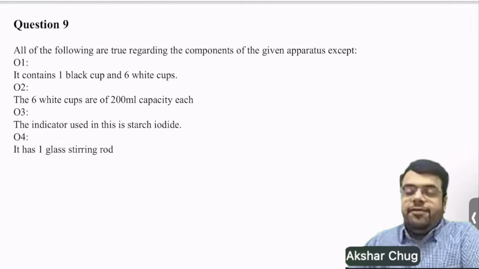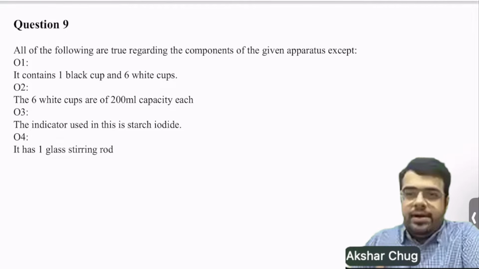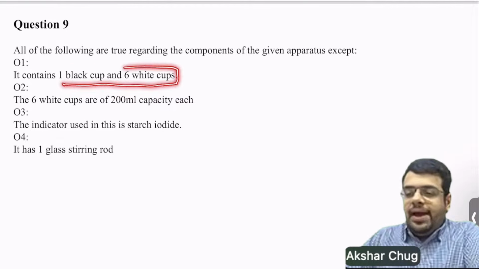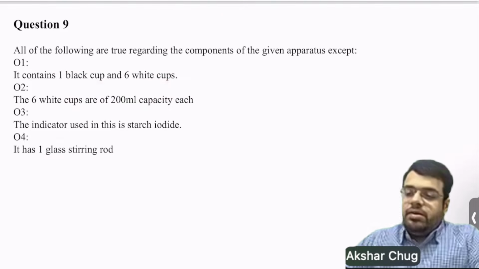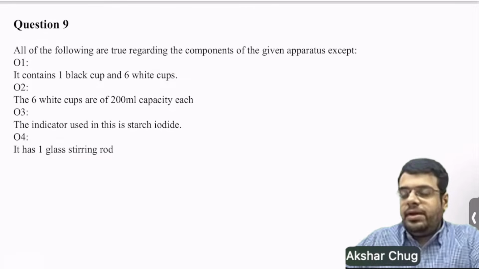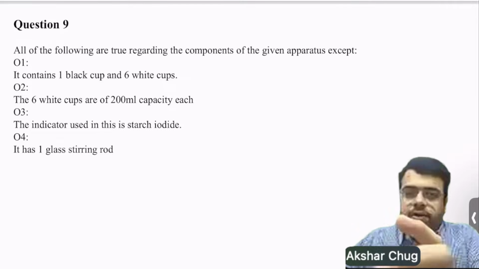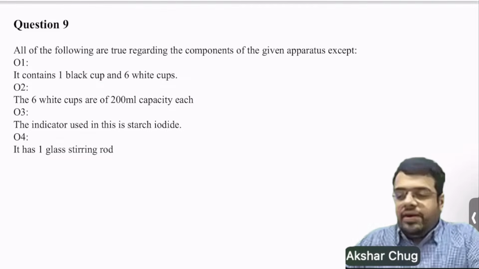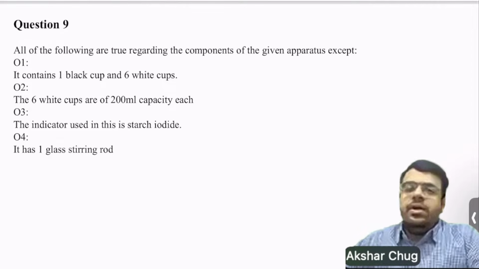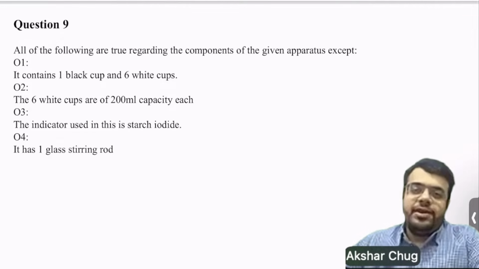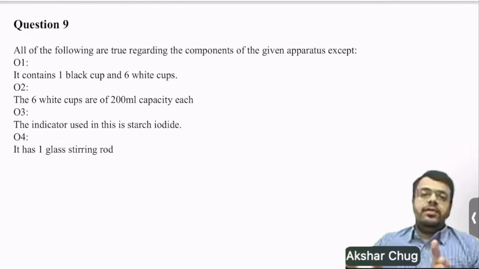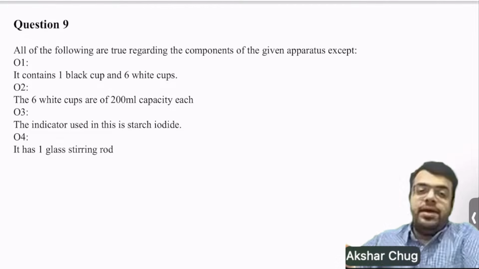So if I were in your place, I would start to eliminate the options. As we know, there would be one black cup and 6 white cups, and this fact was also shown in the figure, right? So you could easily eliminate this option. Also, the 6 white cups of 200 ml capacity each were evident from the photograph, so again we will eliminate this option. The indicator used is starch iodide, and it is one glass stirring rod. Now, if we think about this question logically, in each glass we have different concentrations of iodine and water.